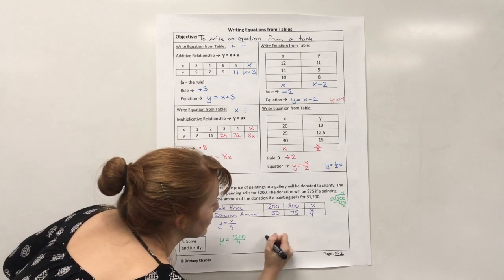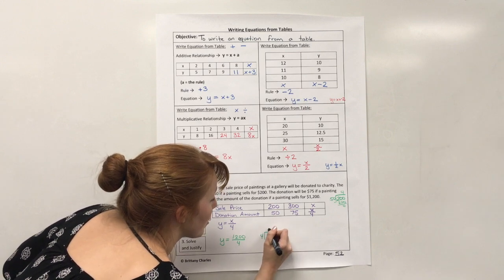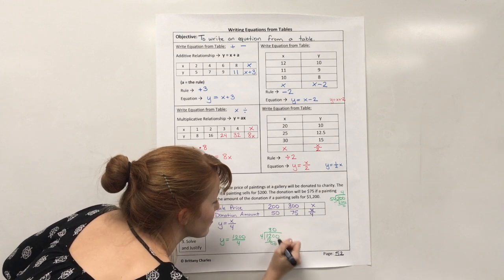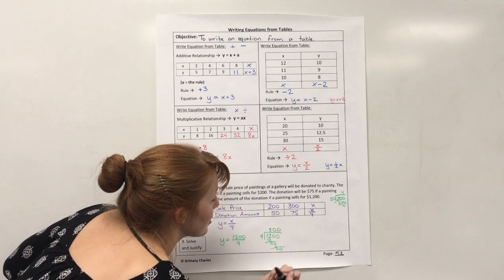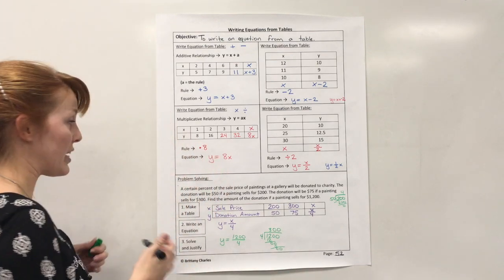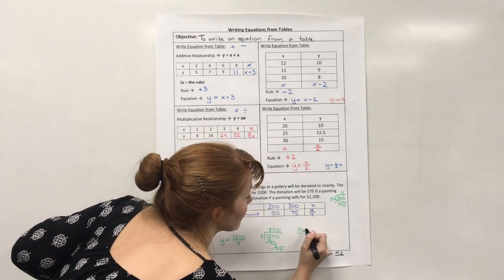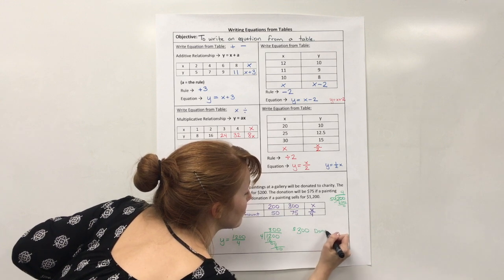So let's solve that. 1,200 divided by 4. 4 goes into 12 3 times, which is 12. Bring down 0, that goes in 0 times. Bring down another 0, that goes in 0 times. So that means that when it is 1,200, my donation would be $300. Donation.